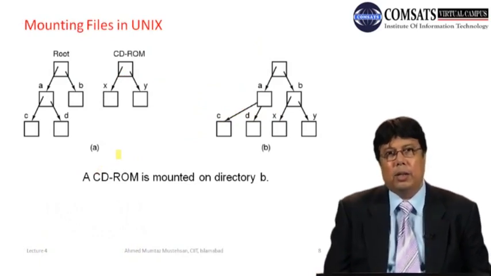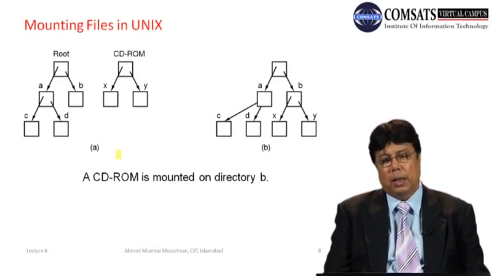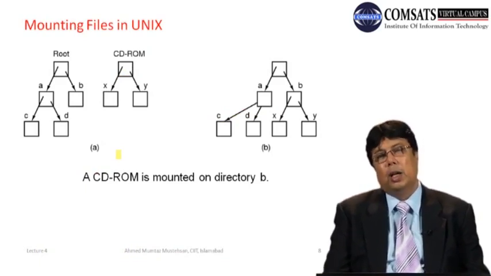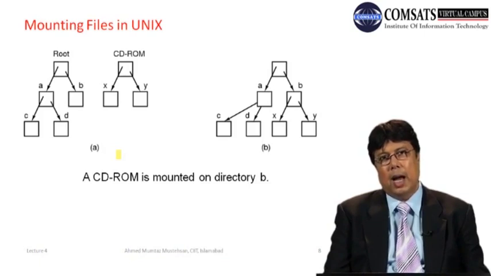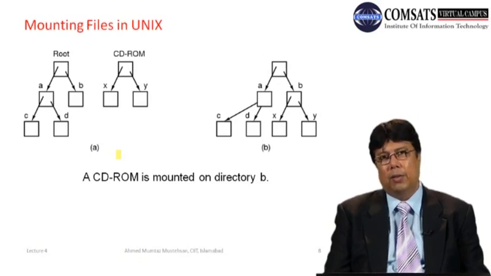Another concept in the file system is the mounting of the files, and this concept is provided by Unix. In fact, there is a difference between Microsoft and Unix. In the Windows environment, you can deal with devices by giving them the alphabet code.